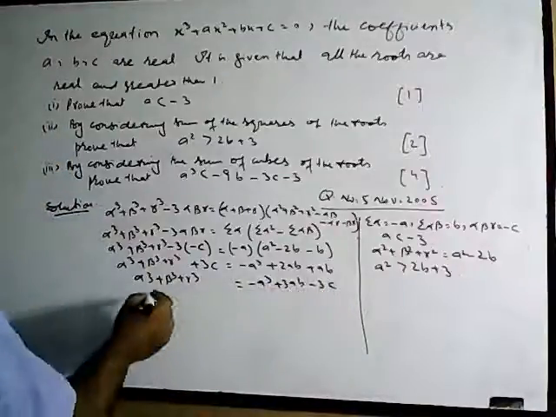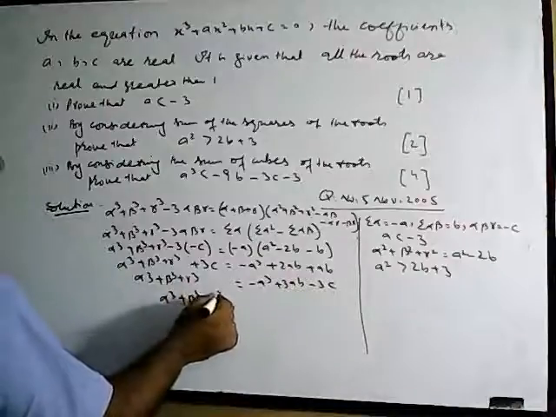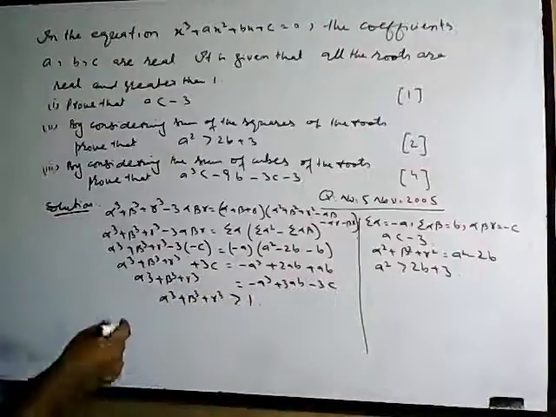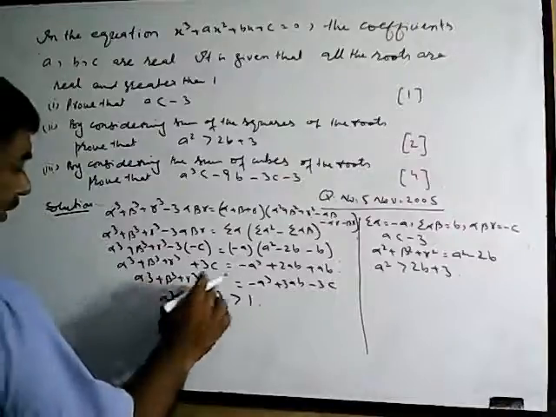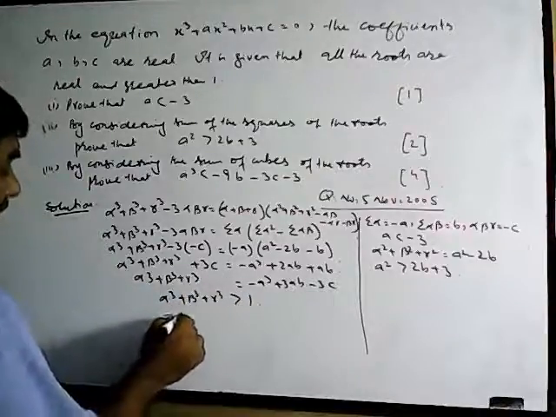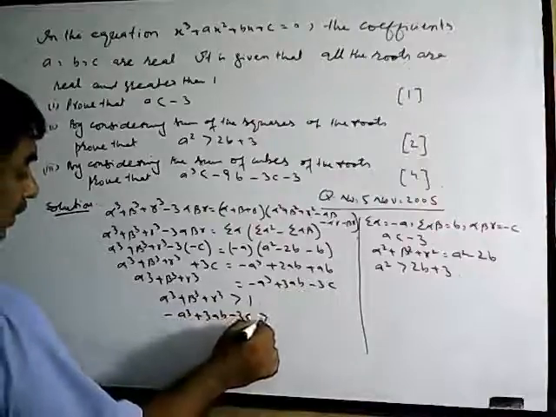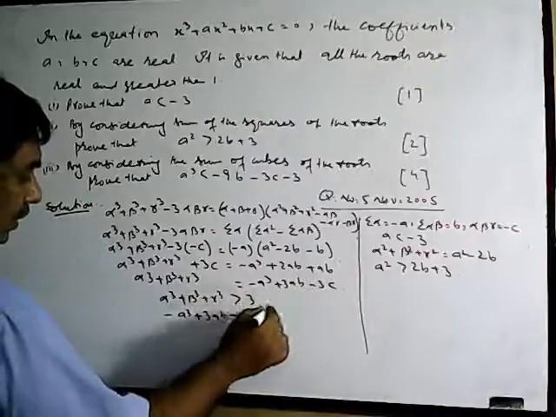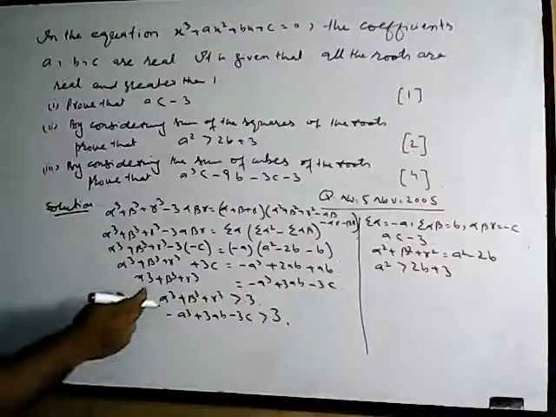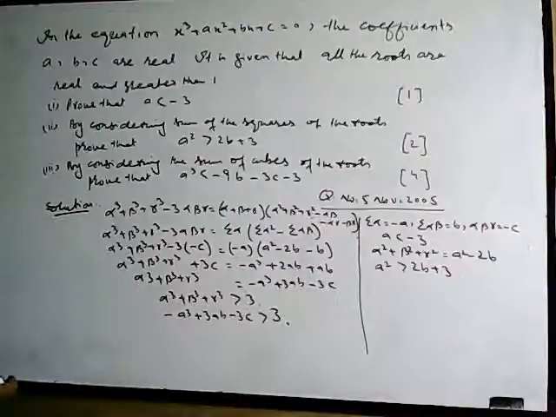But clearly alpha cube plus beta cube plus gamma cube is also greater than 3, because alpha is greater than 1, beta is greater than 1, gamma is greater than 1. So instead of this I can write minus a cube plus 3ab minus 3c greater than 3, because each of them is greater than 1.